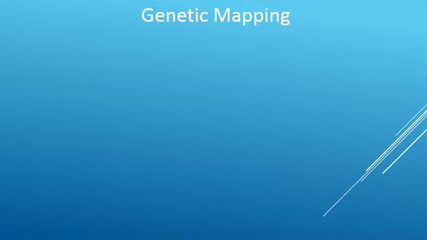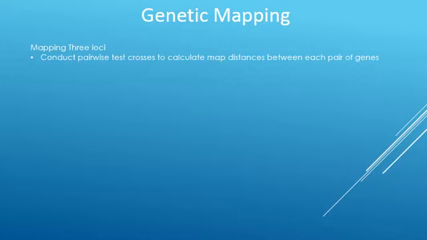So now that we can do our test cross and identify physical linkage and get our recombination frequencies, we can apply this to mapping multiple loci. So if we conduct our pairwise test crosses and get our map distances between each pair of genes, and remember that 1% of recombination frequency is going to equal 1 map unit, we'll be able to measure these in map units.